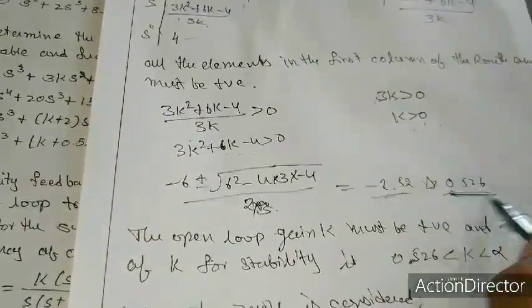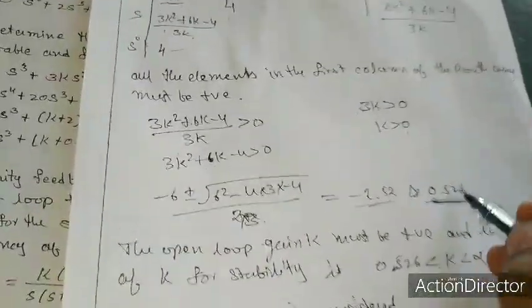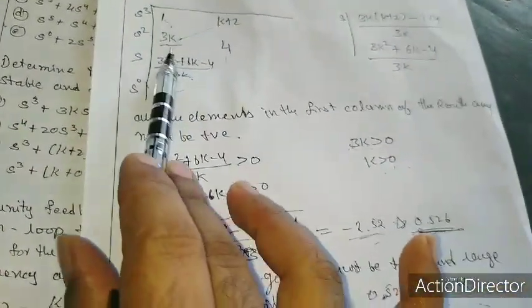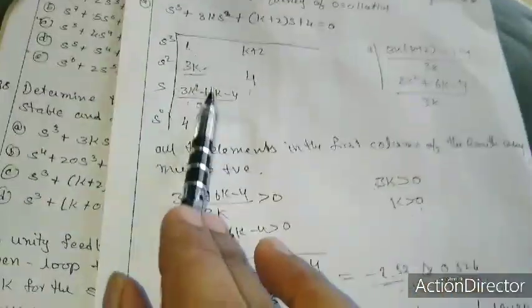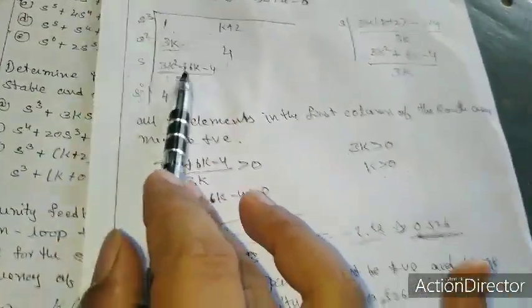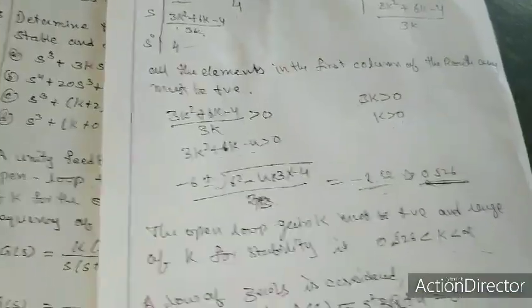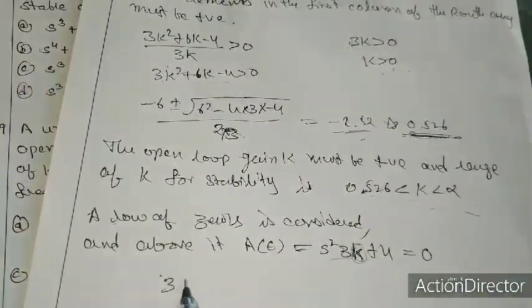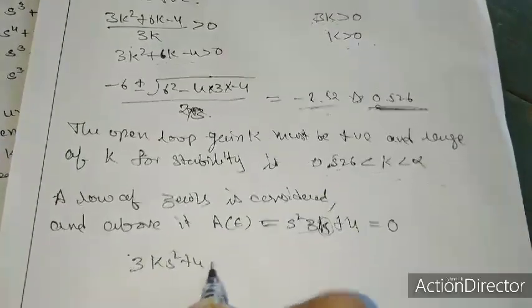If I take a k value below 0.526, I may get a negative term here. So if this is 0, the above equation is the one I am considering. So 3k into s square plus 4 I have to take.